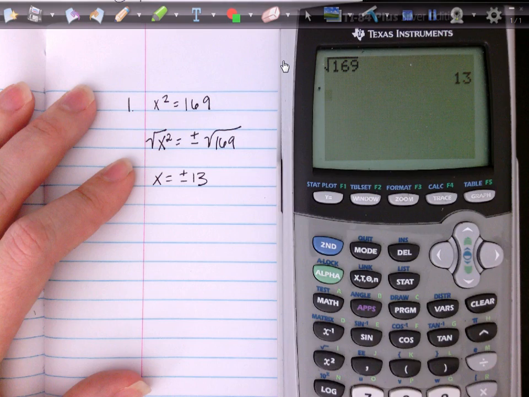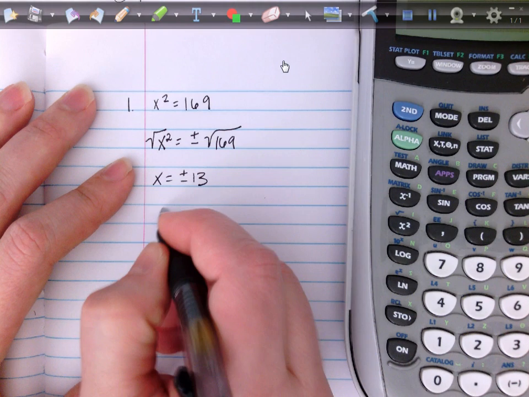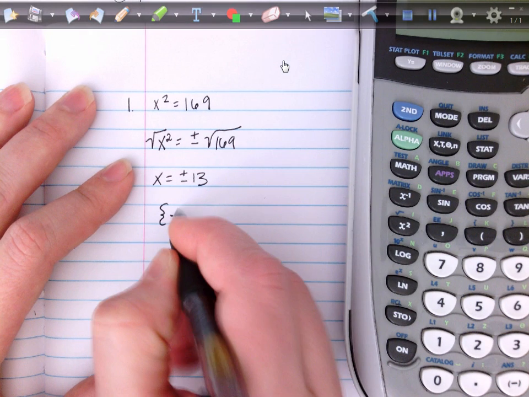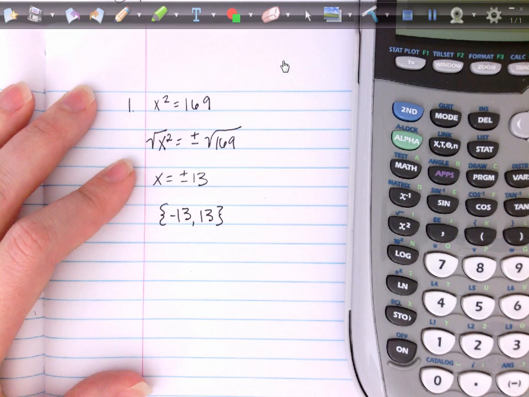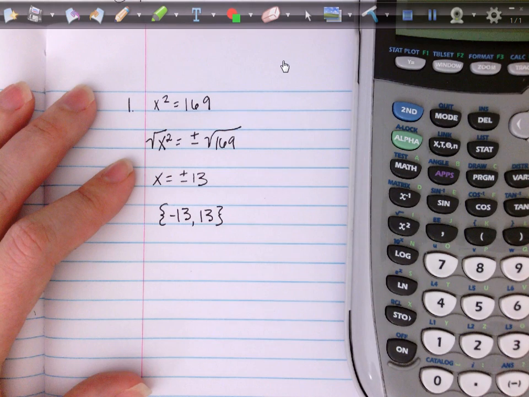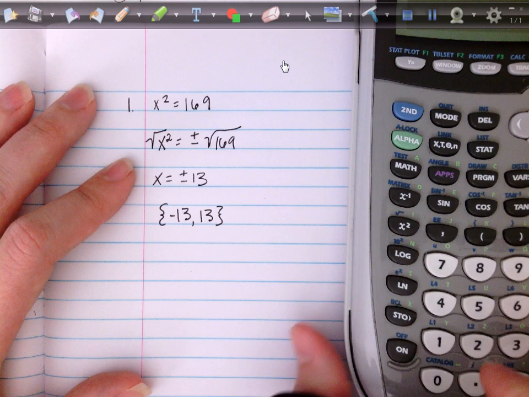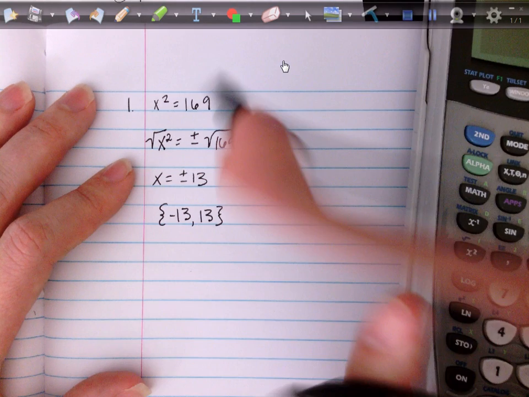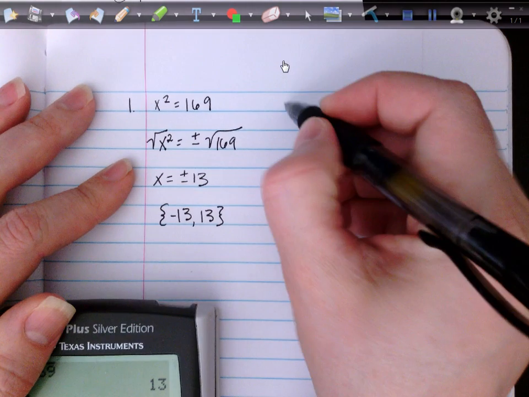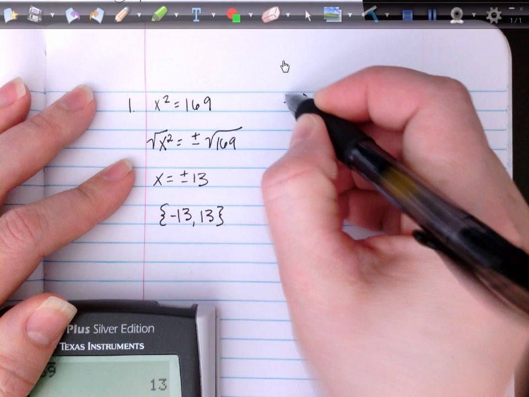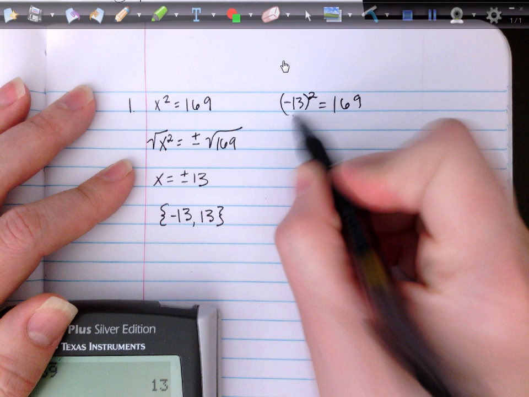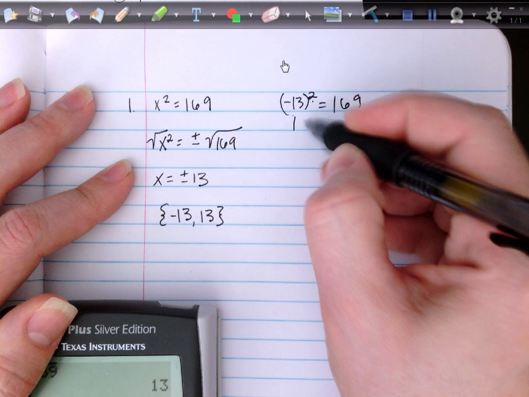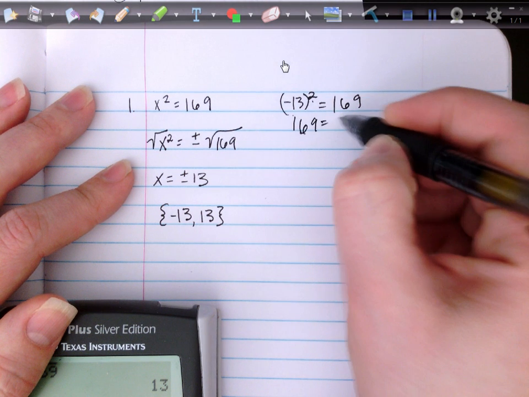So I'm going to write my answer in the brackets, negative 13, comma, 13, because either of those answers will work. I'm going to show you the check on the first one. If I plug in a negative 13 for x, x squared equals 169, negative 13 squared is going to equal a positive 169.